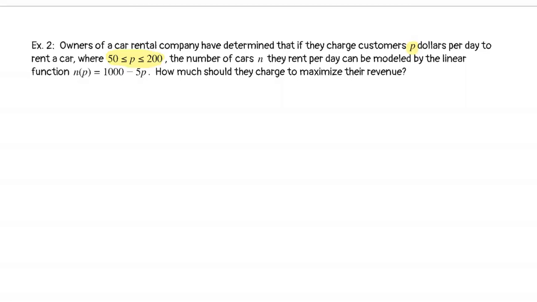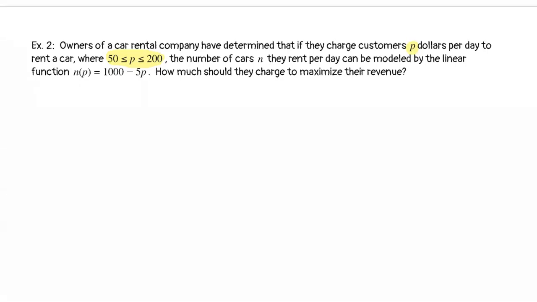It might trap you inside and explode on you, but you can still rent it for $50 a day, right? We might all be a little bit worried about that. And then here's the other extreme, $200 for a pretty ratty car, right? So how much should they charge? That's going to be what we're finding out.